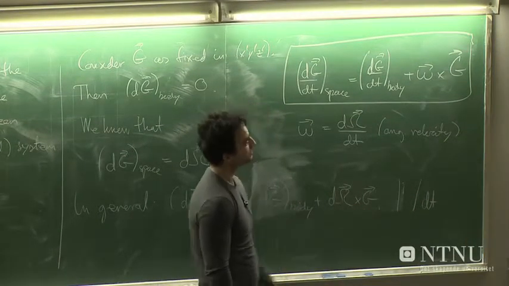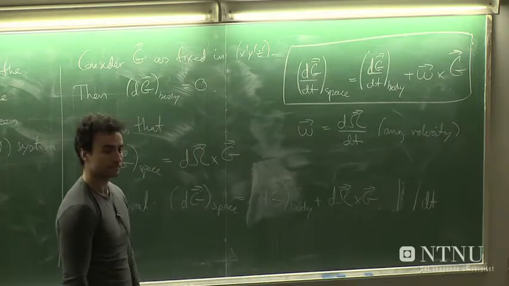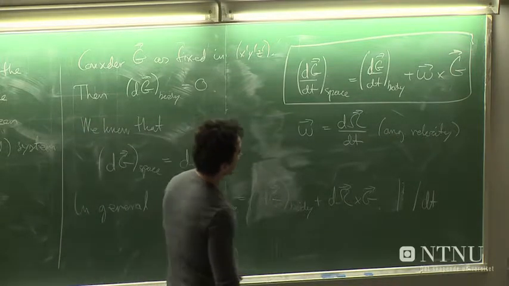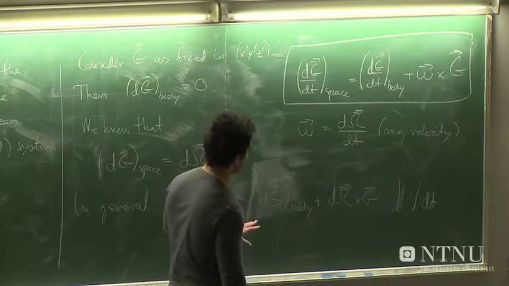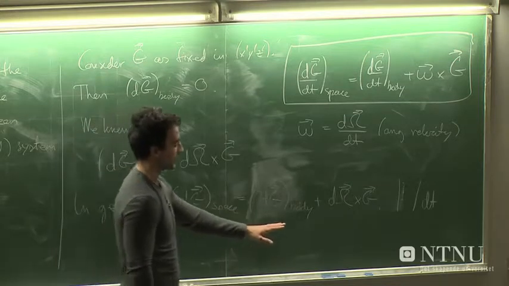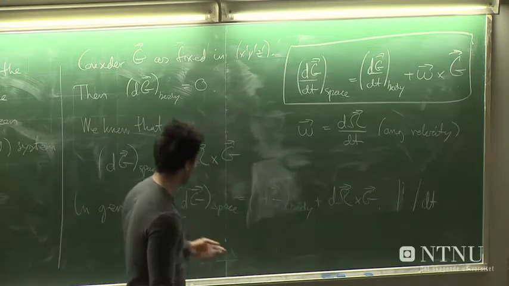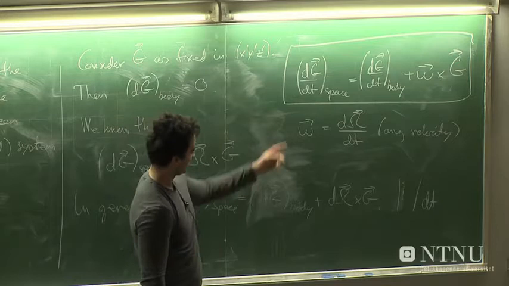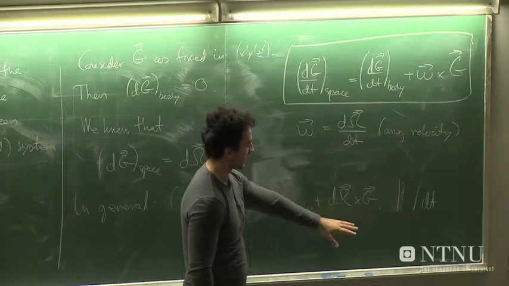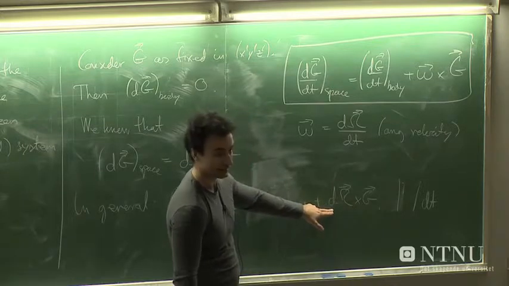No, but could you have taken g divided by dt in the cross product also? I'm not sure I see exactly what you mean. So we agree on this one, right? Okay, so then I just divide by dt. So I get dg dt here, and I get dg dt here. And then for this term, I just divide this one by dt.